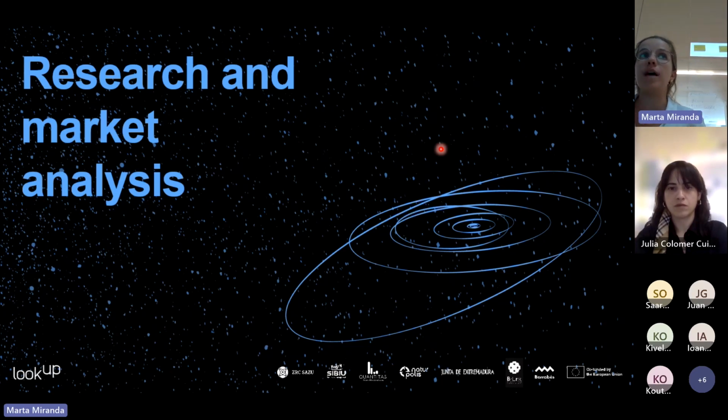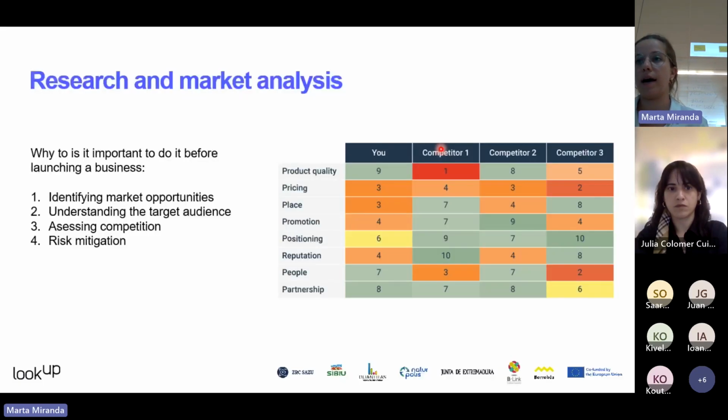And then once we have drawn our business model, we're going to do a small research into the market to see if we have a space in the market.